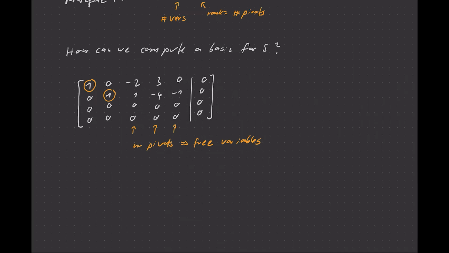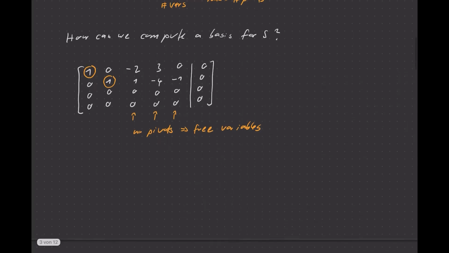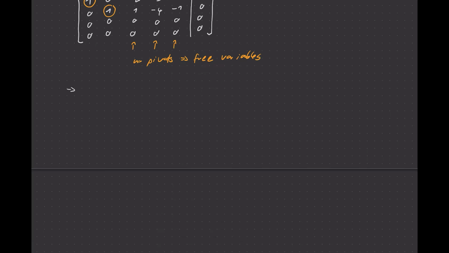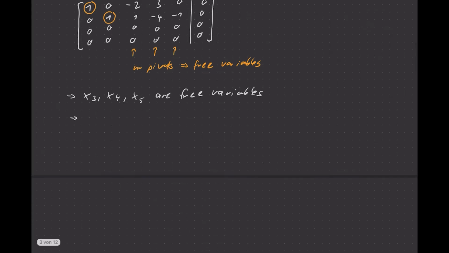So we just denote the variables by x1, x2, x3, x4, x5. And that means x3, x4, x5 are free variables. And then we can solve for x2 and x1 through backwards substitution.